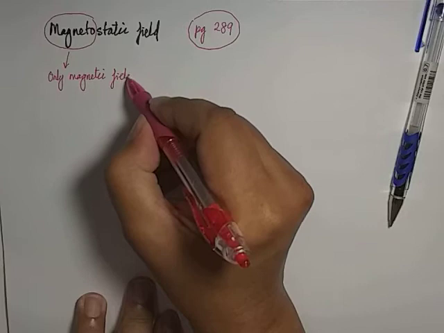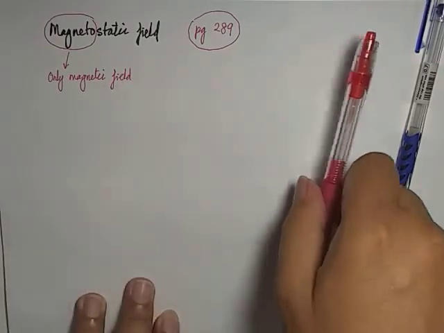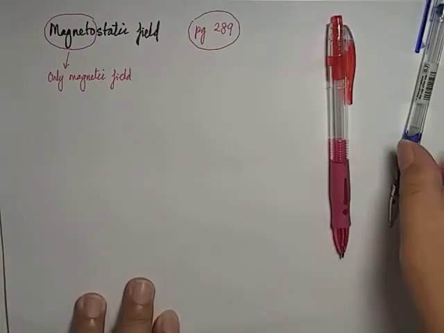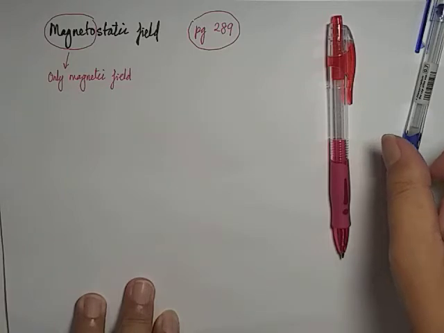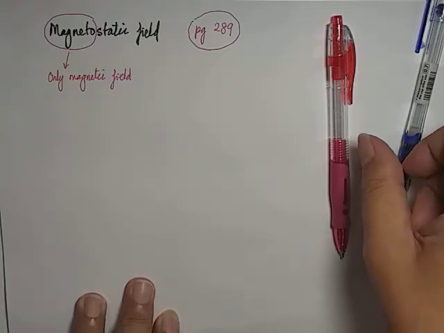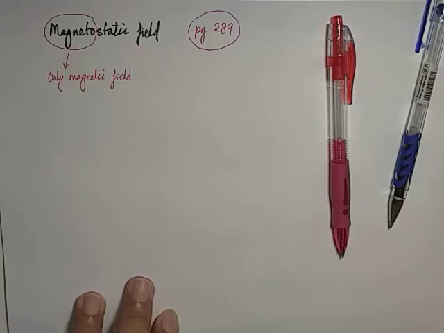As you have experienced when we discussed electrostatic, the only field we need to consider is electric field. For magnetostatic, a similar concept applies: magneto indicates that the only field we are going to deal with throughout this particular field is known as magnetic field.